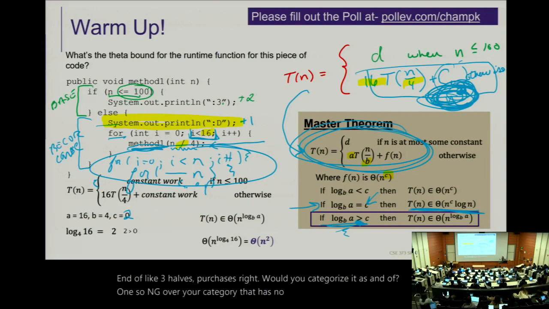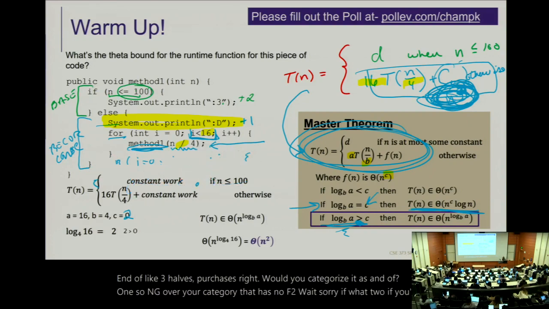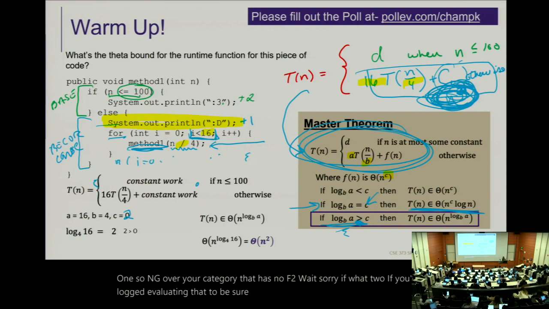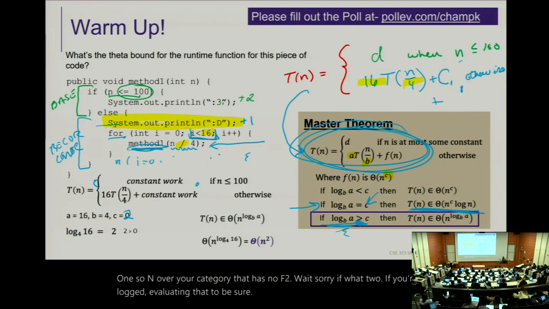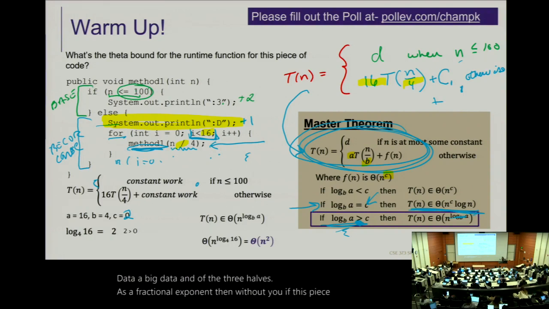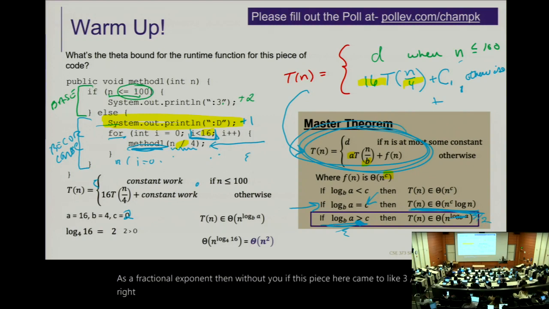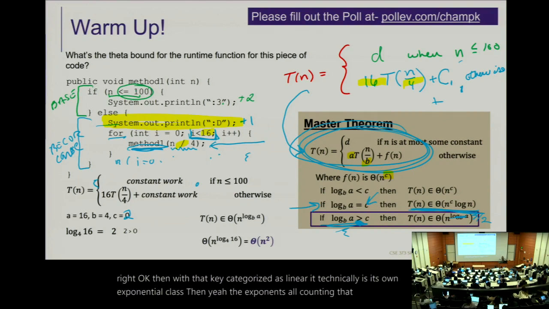Wait, sorry, say that again. If your log base b of a evaluates to 3 halves, and you have a big theta of n to the 3 halves as a fractional exponent, would that be categorized as linear? Would that be squared? Oh, you mean like if this piece here came to like 3 over 2? Right. It technically is its own exponential class then. The exponents all count in that way. Okay. Yeah.